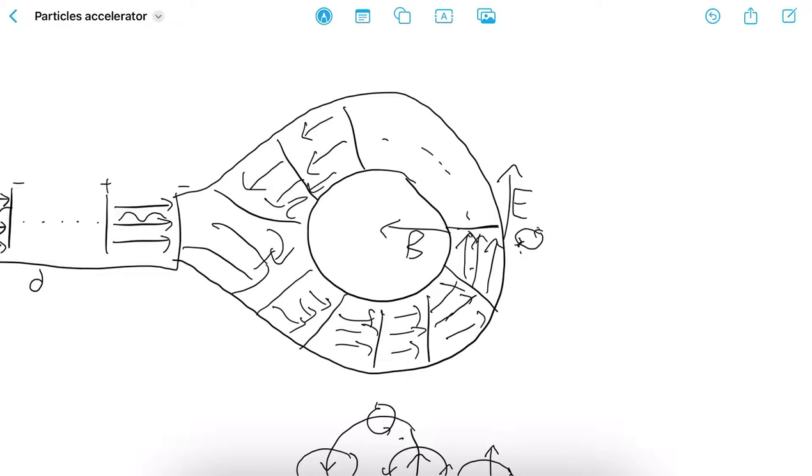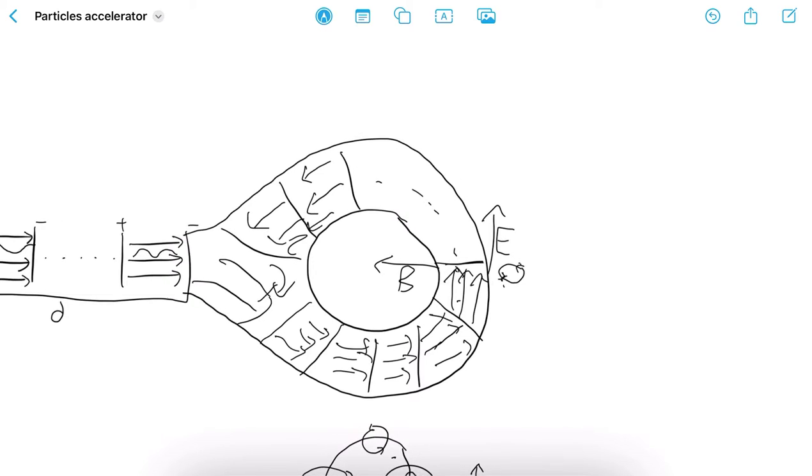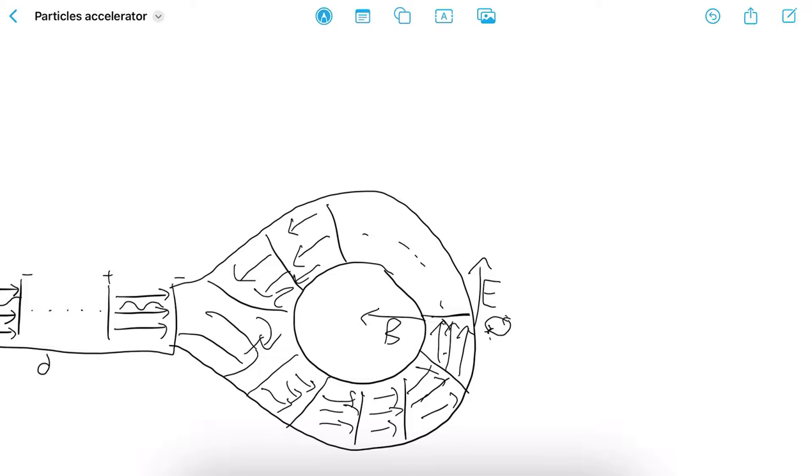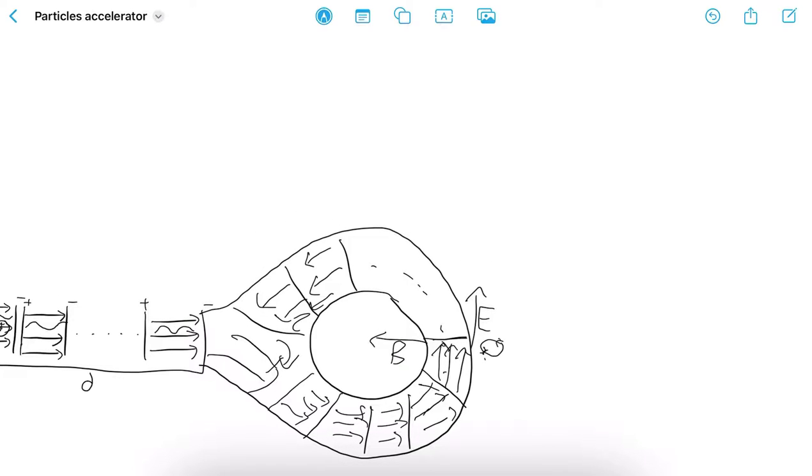So if the protons keep traveling along this loop, they will eventually reach a certain speed, and they cannot become faster anymore. In order to accelerate faster or travel faster, what we need is a bigger loop.